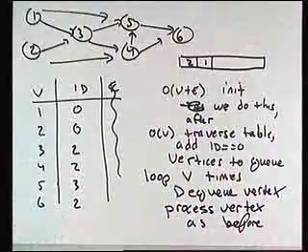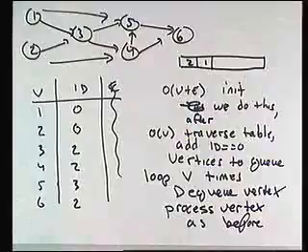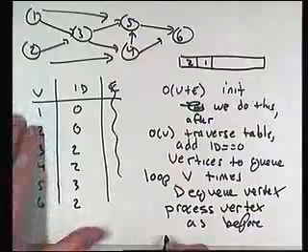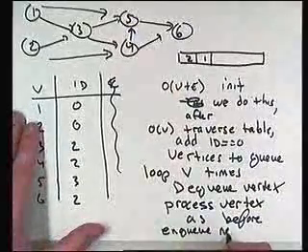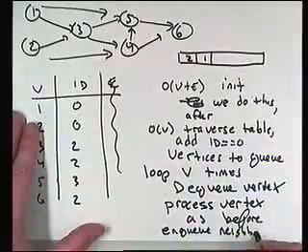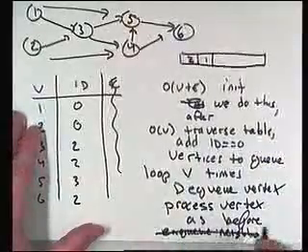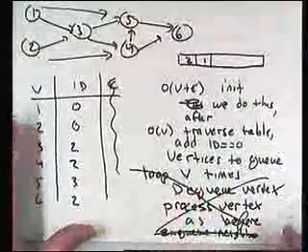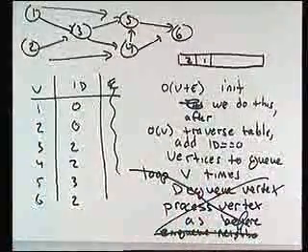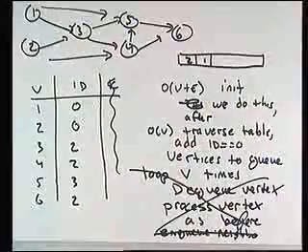Namely, we will reduce the in degree of all its neighbors. And we'll also have to enqueue those neighbors. I'm going to rewrite this. I'll describe the algorithm and then I'll rewrite it all later on because I'm running out of room here on this page.